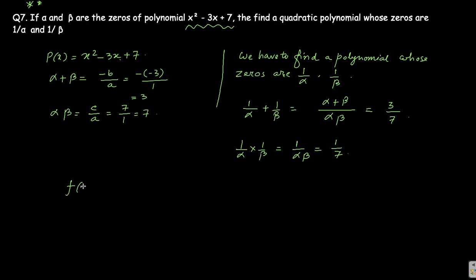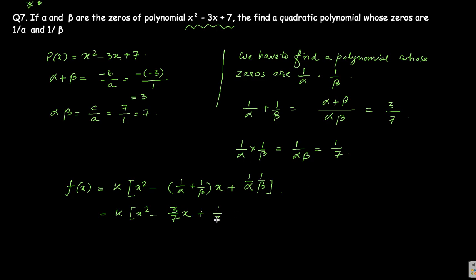The polynomial becomes f(x) is equal to k into x square minus the sum of the zeros, 1 by alpha plus 1 by beta, into x plus the product of the zeros, 1 by alpha into 1 by beta, because the zeros are 1 by alpha and 1 by beta. So k into x square minus 3 by 7 into x plus 1 by 7.